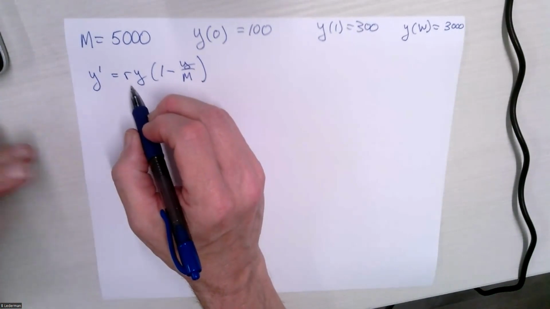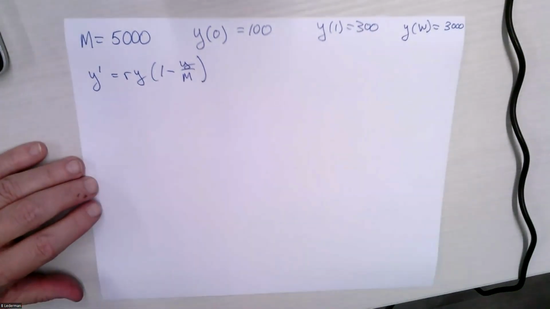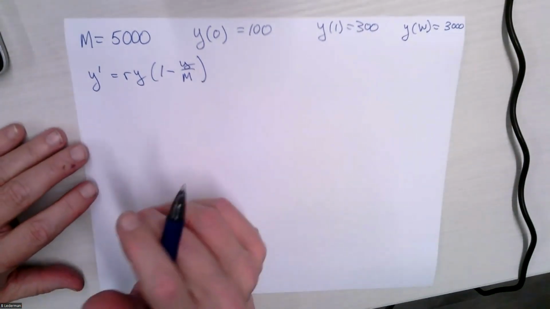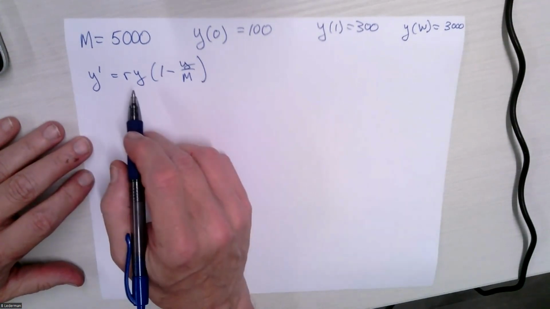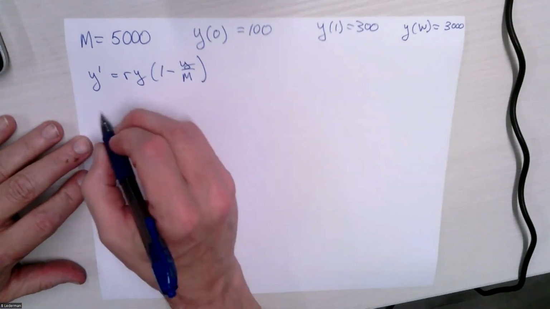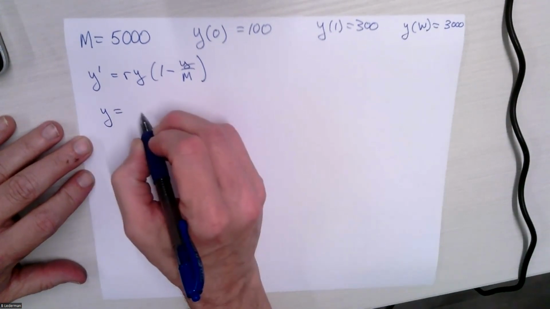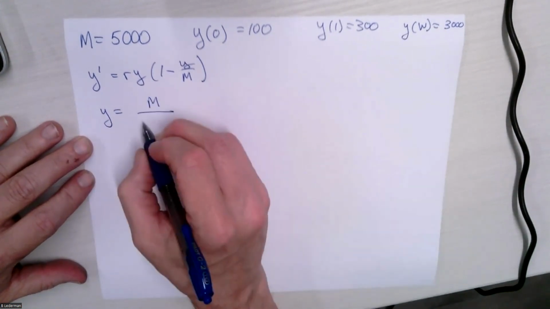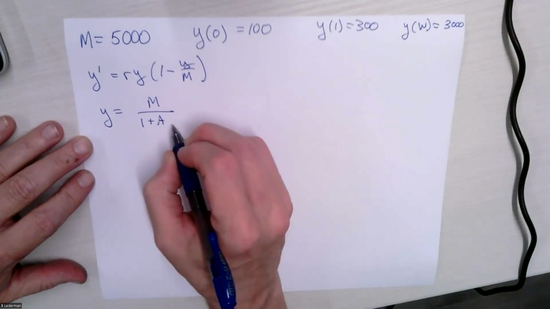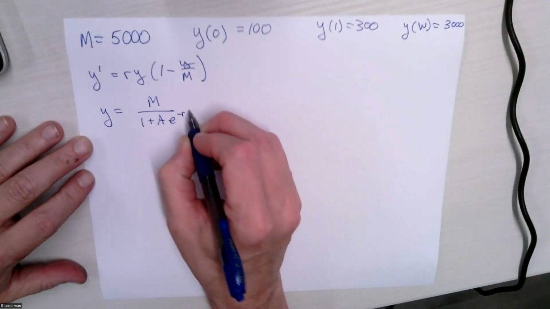So r is the unrestrained rate, what it usually was. And we also mentioned that the solution to this differential equation winds up being y equals m over 1 plus a e to the negative rt.